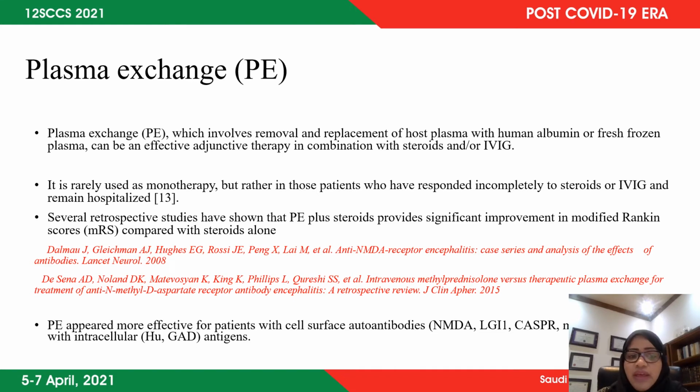This therapy can usually be an effective adjunctive therapy in combination with steroid and or IVIG. And there are some retrospective studies that showed plasma exchange, when used with a steroid, provides significant improvement in modified Rankin scale in comparison with the steroid alone.